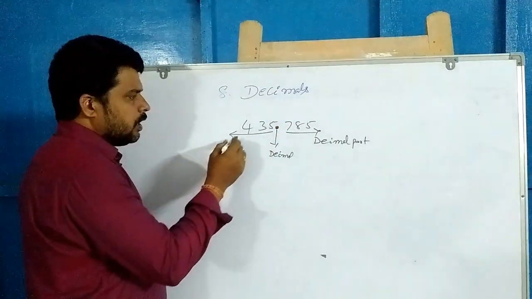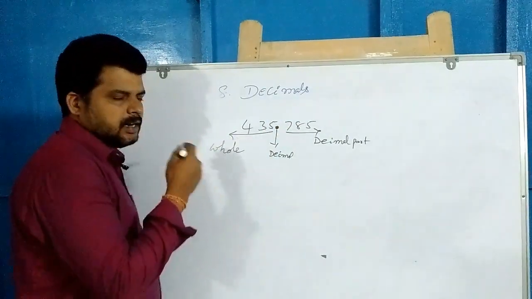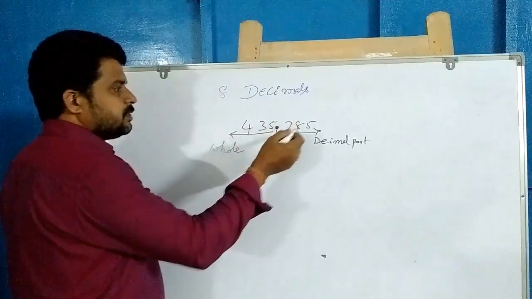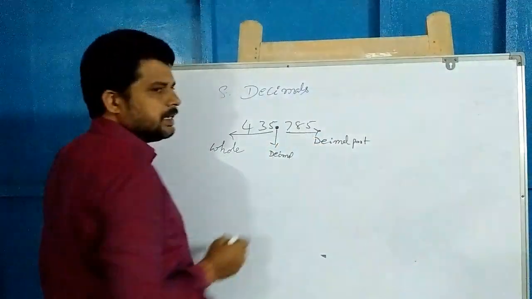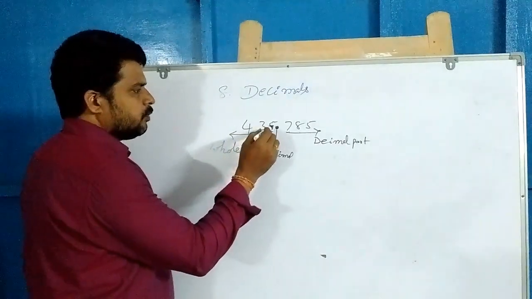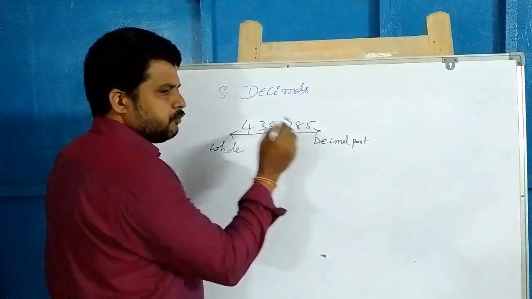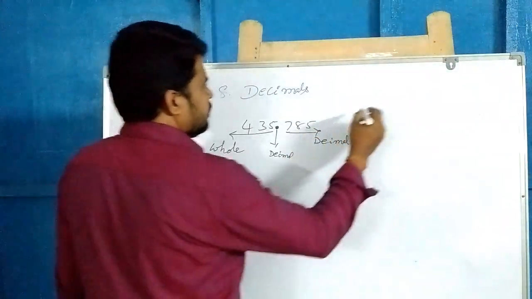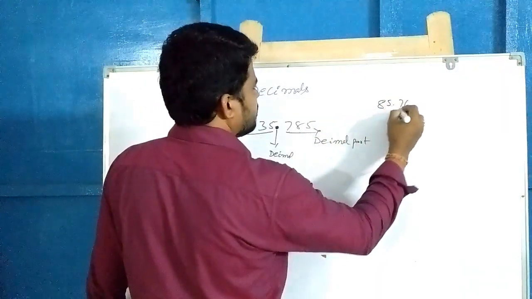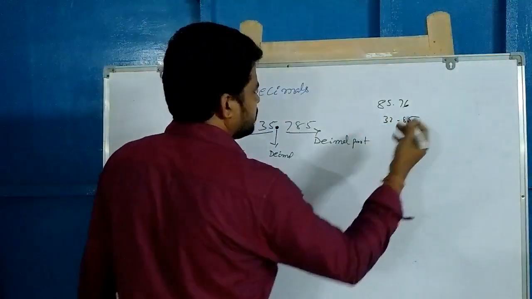The whole number part you can read as a normal number, but the decimal part you have to read as single digits, 435.785. You take so many exams, 85.76, 35.85, so many of them.